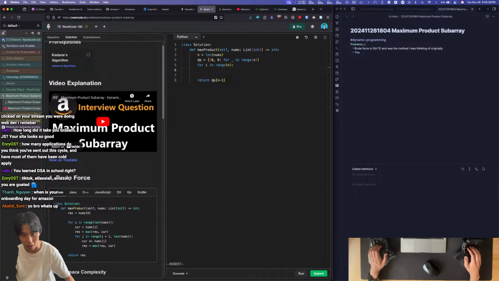Okay, i in range n. So starting from 0, the subproblem is just 1, or whatever that value is in the first position of nums. In which case, the max and the min is just going to be equal to that.